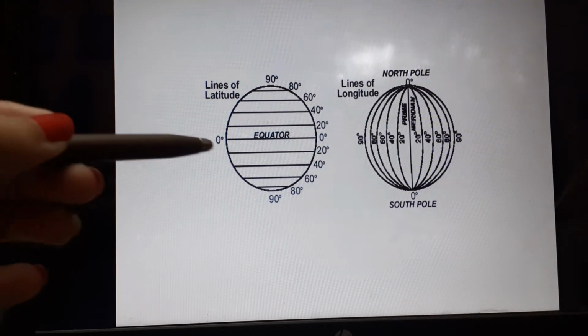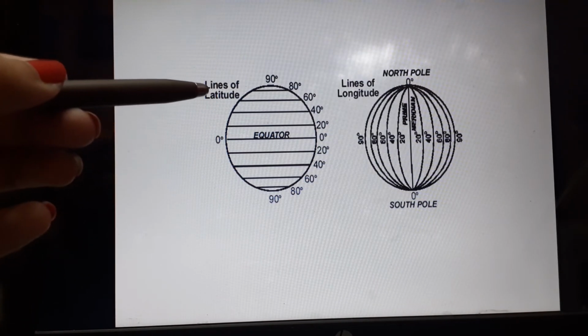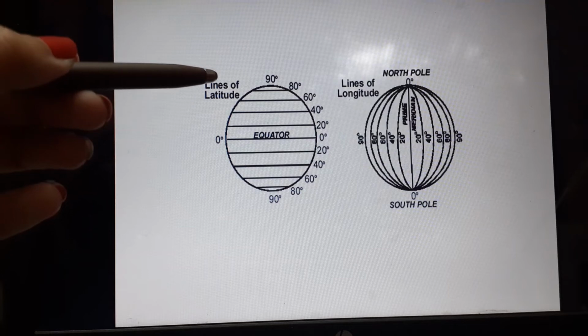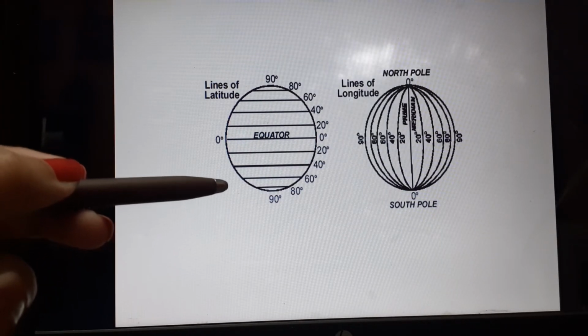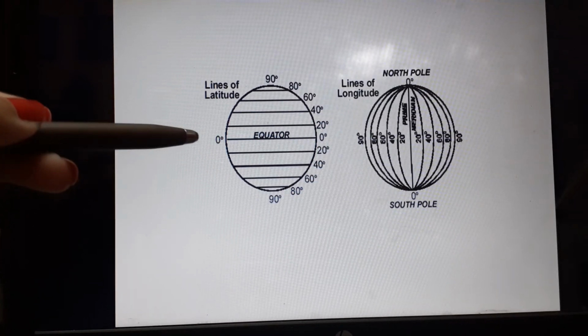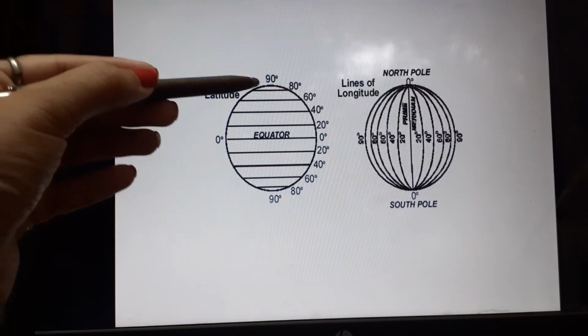The equator is at 0 degree, and when we move upward it is measured in degrees north, and when we move downward it is measured in degrees south.